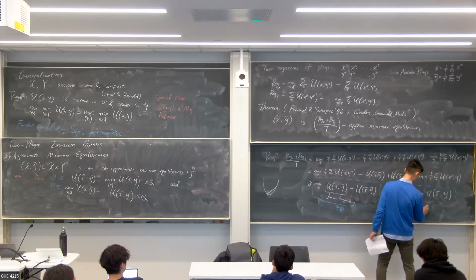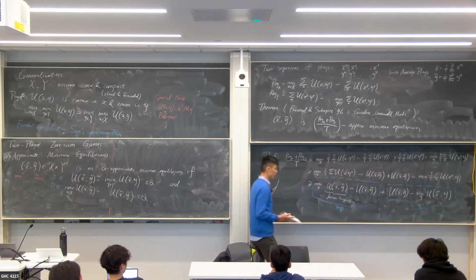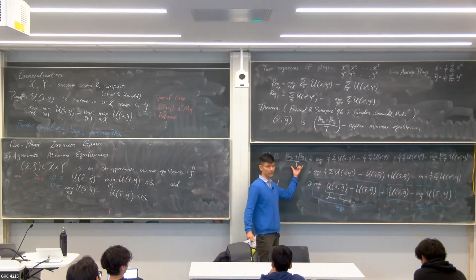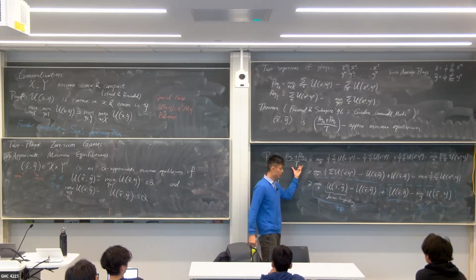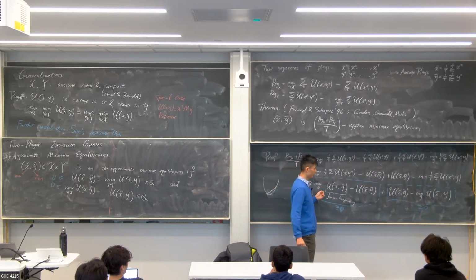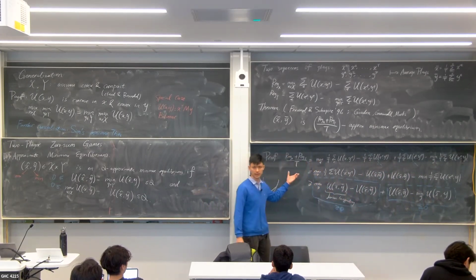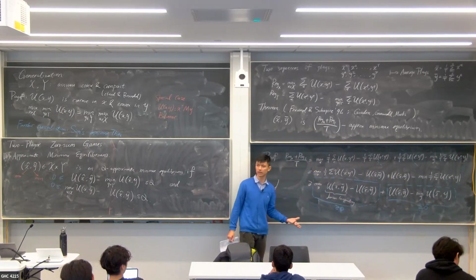This is also non-negative. So we have two non-negative terms that sum up to be something less than this average regret. So each of them, both of them has to be less than the sum because they are non-negative.